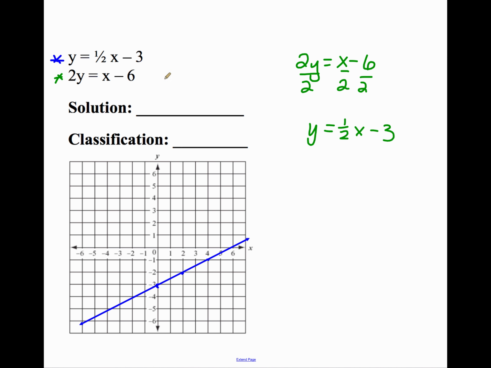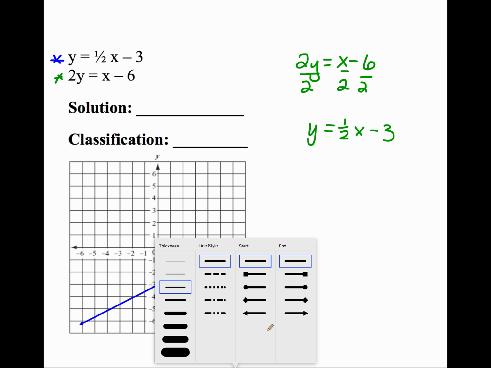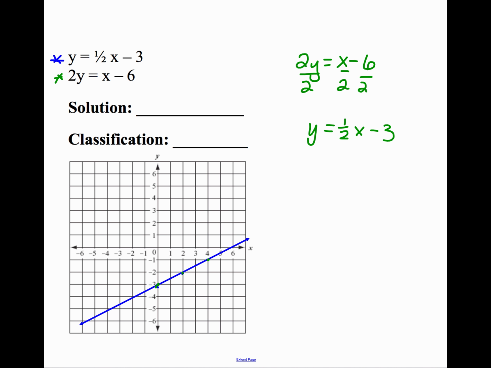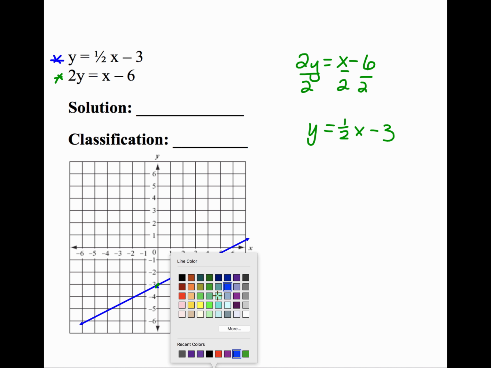Well, I can tell already by looking at the equation that this is the same line. So my green line is going to be on top of my blue line. Same y-intercept, same slope. So my green line looks exactly the same.